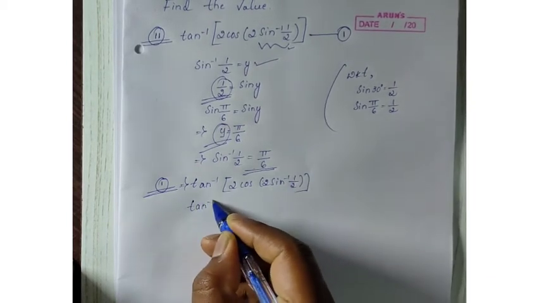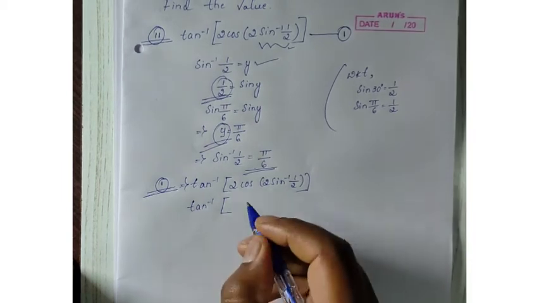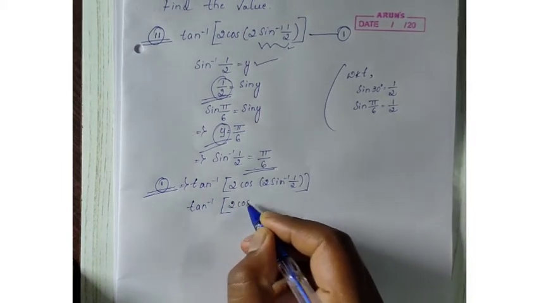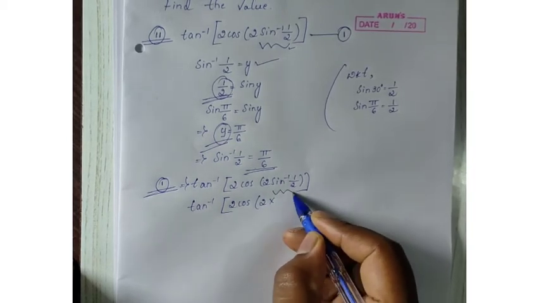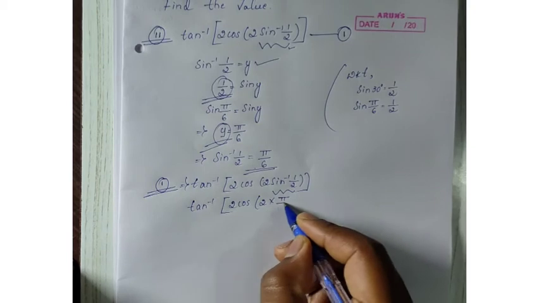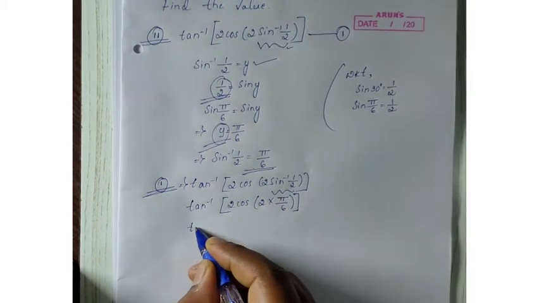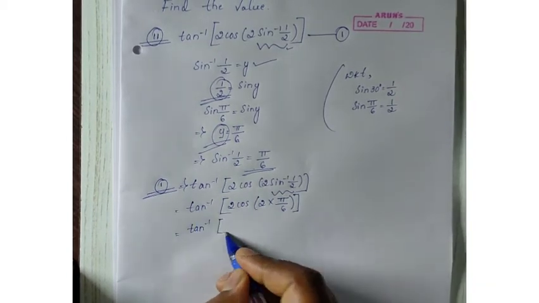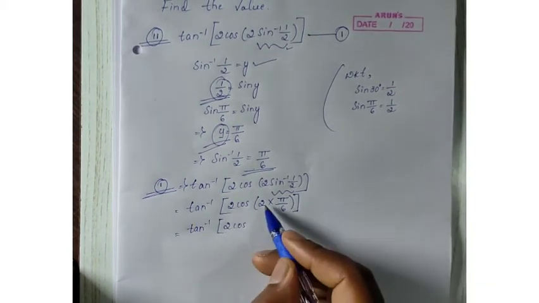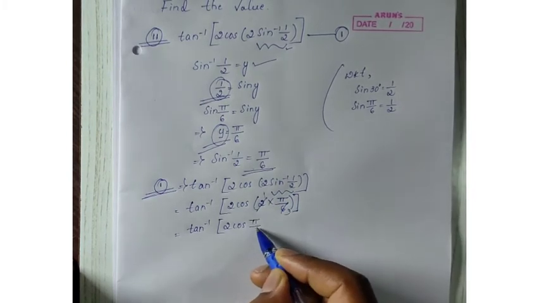So, equation number 1, by replacing sin inverse 1 by 2 by pi by 6, implies tan inverse 2 cos 2 into pi by 6. So now tan inverse 2 cos, 2 ones are 2, 2 threes are, therefore cos pi by 3.